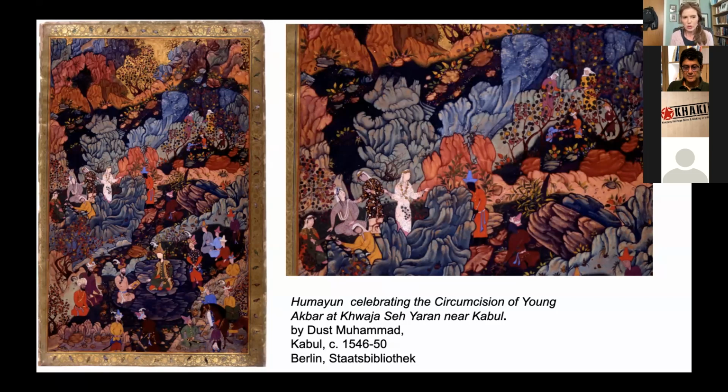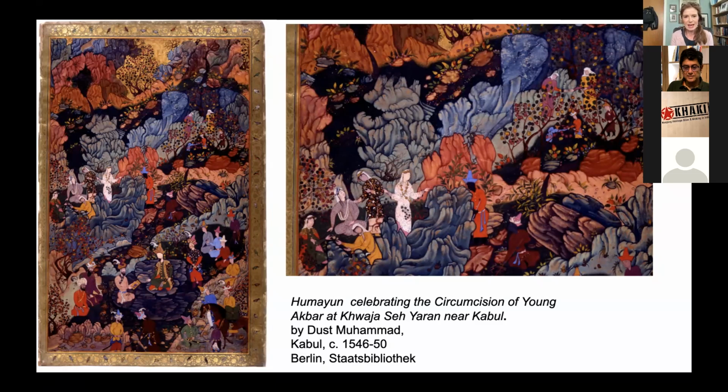And when you look carefully at the composition of this painting, and I'm really following Laura Parodi's brilliant work here, she identifies how this is a painting that really is about the relationship between Humayun and Hamida Banu Begum.